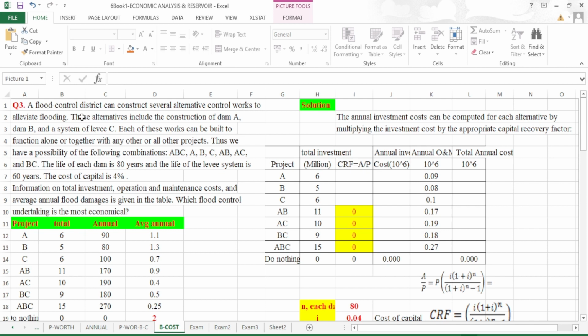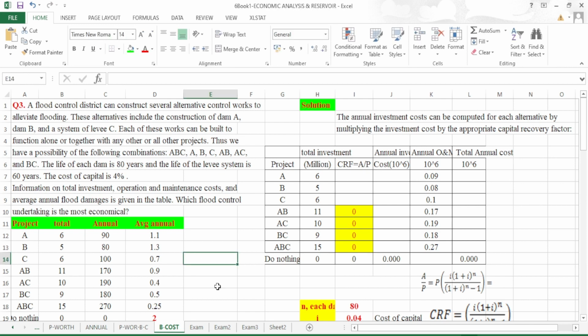A flood control district can construct several alternative control works to alleviate flooding. These alternatives include the construction of Dam A, Dam B, and a system of levee C. Each of these works can be built to function alone or together with any other or all other projects. Thus, we have the possibility of the following combinations: A, B, C, AB, AC, BC, and ABC.